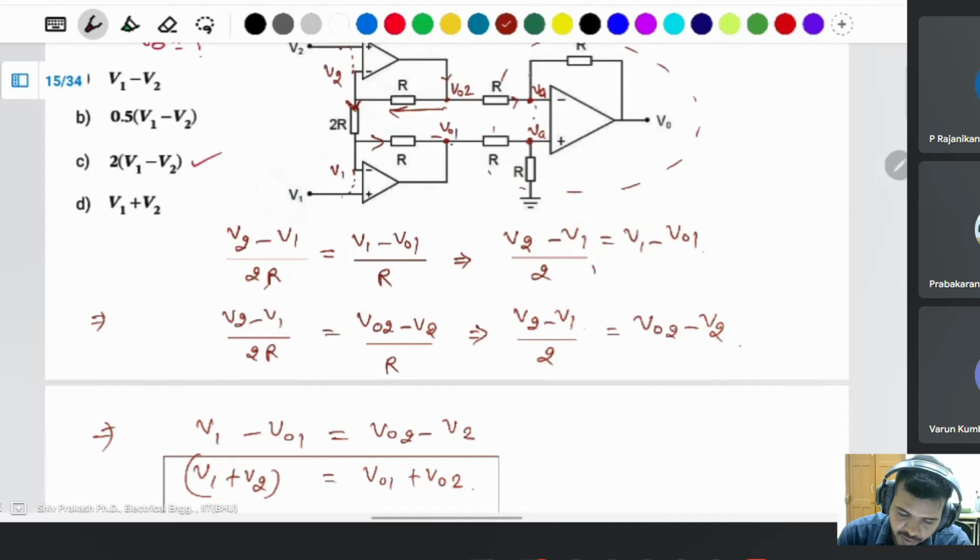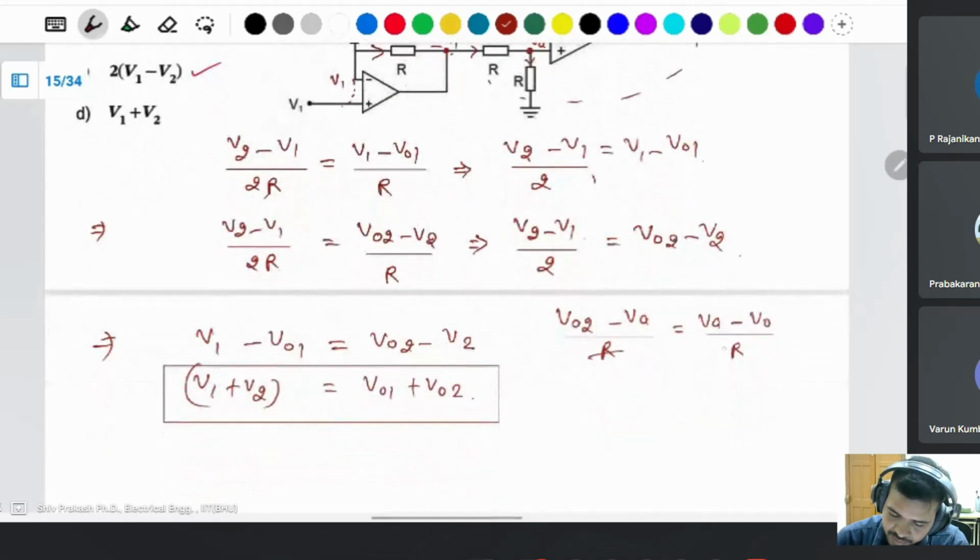This current is the same as the current flowing through this one. Then (V02 minus VA) divided by R is equal to (VA minus V0) divided by R. It will be the same as V02 is equal to 2VA minus V0.